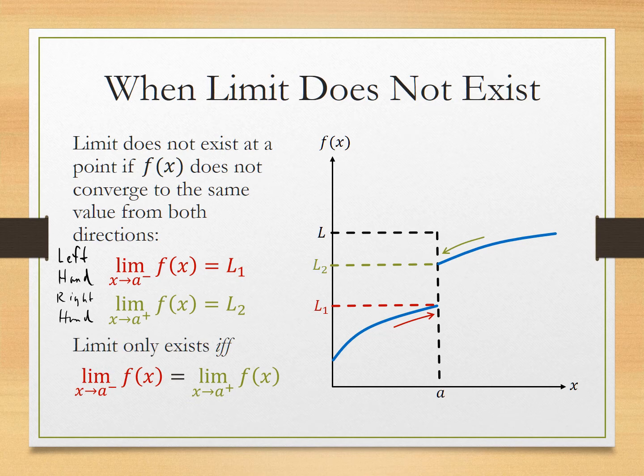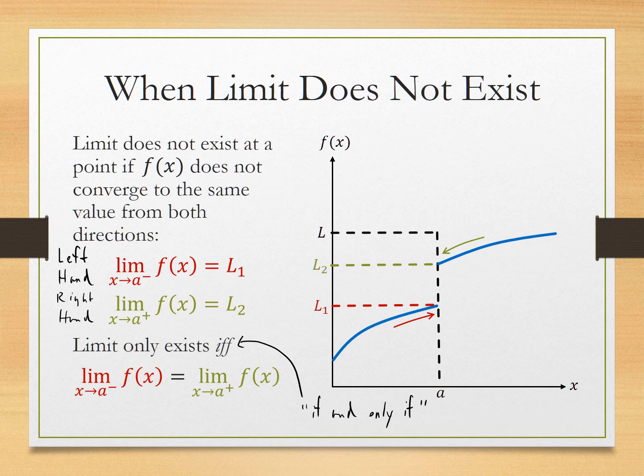By the definition of limit, a limit only exists, and this is not a typo, iff is the mathematical notation for if and only if. The limit only exists if and only if the left-hand limit equals the right-hand limit, which is to say, the limit only exists if the function is approaching a particular value from both sides.